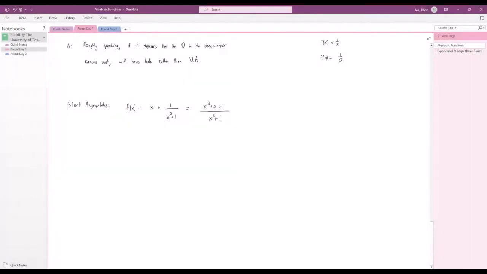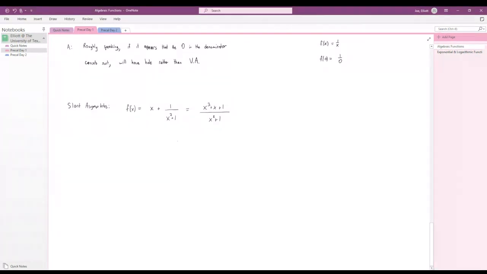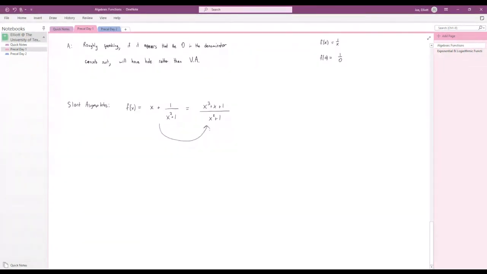Okay, so here I just made up a function. A quick question is, do you guys understand how I simplified this into this common denominator? I see. Okay.